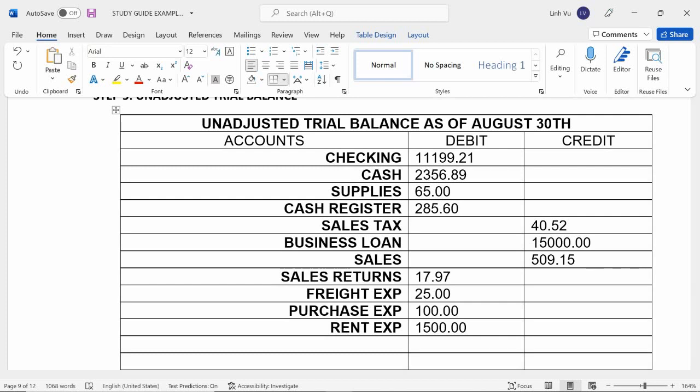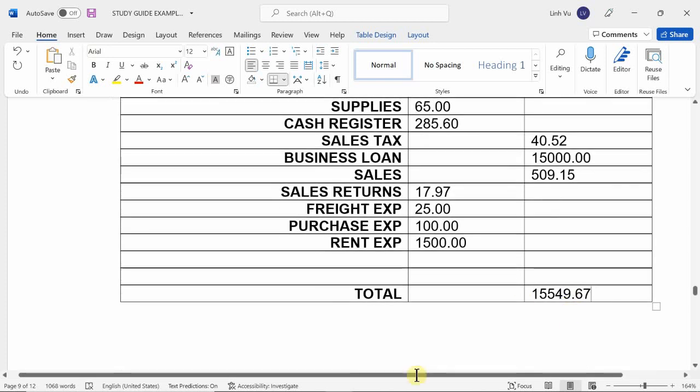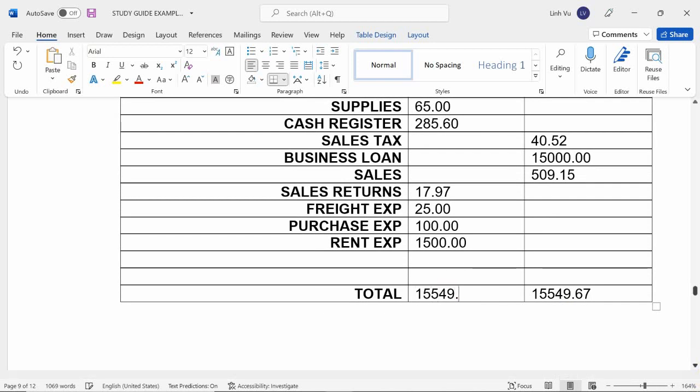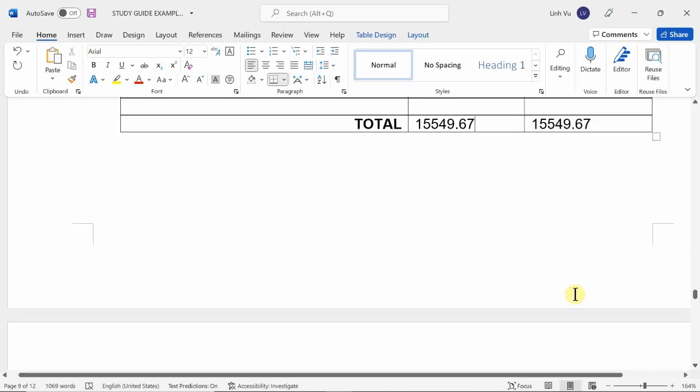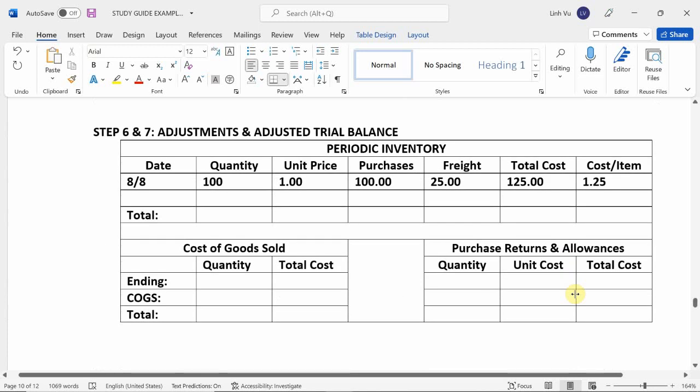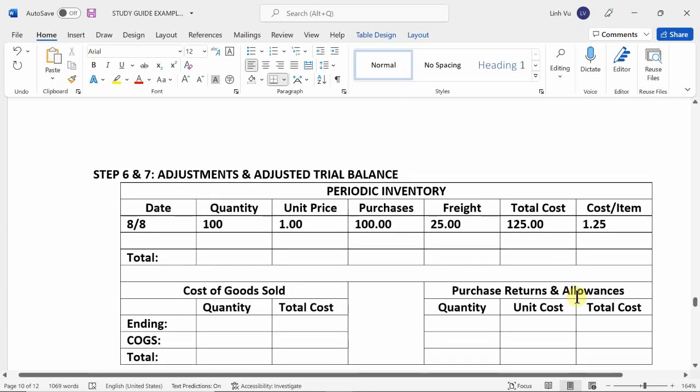I also get 15,549.67. So in this case, my debits equal my credits. That means I can go ahead and proceed to steps 7 and 8 of the accounting cycle.